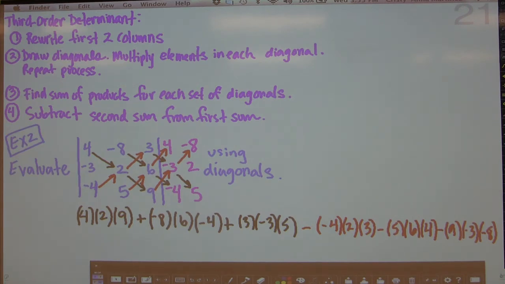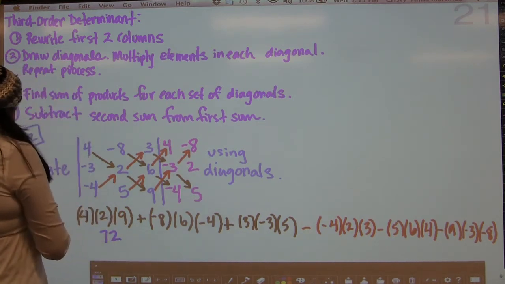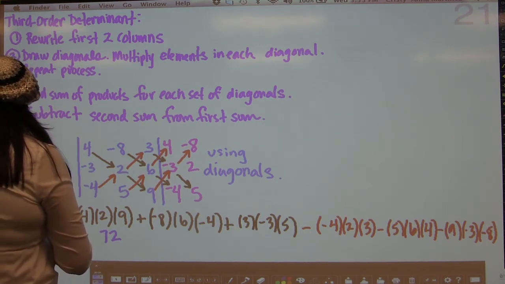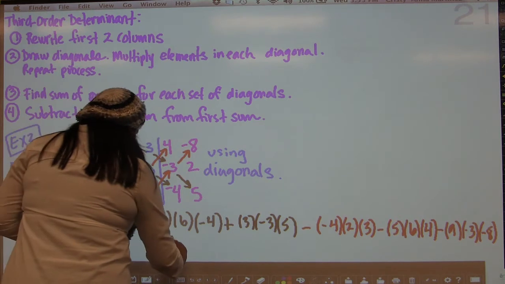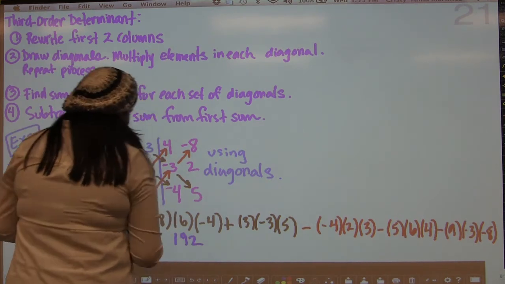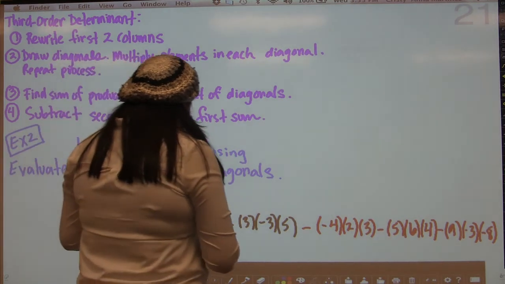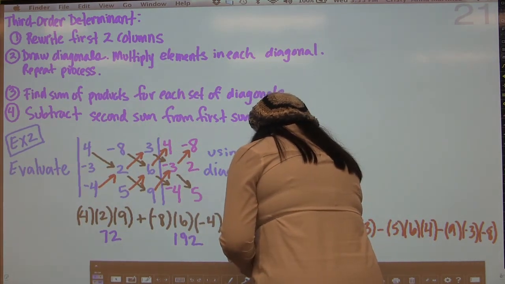So 4 times 2 is 8. And 8 times 9 is 72. And then -8 times 6 is -48. And -48 times -4 is 192. And then 3 times -3 is -9. And -9 times 5 is -45.